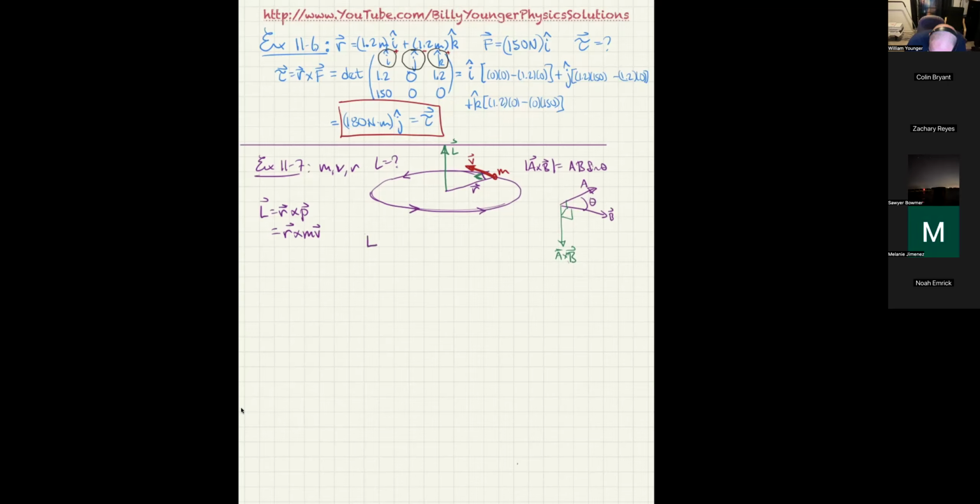So the angular momentum, calling it a vector quantity, is going to have a magnitude of r times m times v times the sine of 90 degrees, which is just 1.